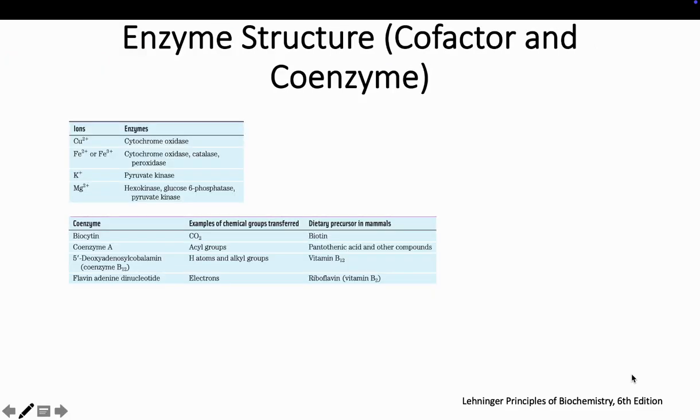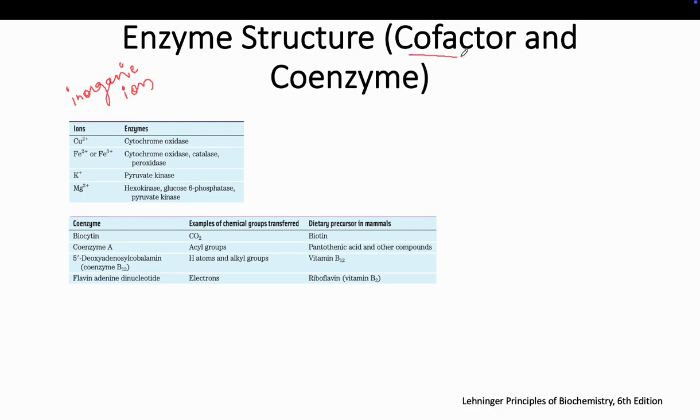Okay, then so enzymes require different cofactors and coenzymes in order for them to function. So cofactors are generally inorganic ions, like copper, Fe2+, Fe3+, potassium, magnesium, okay.